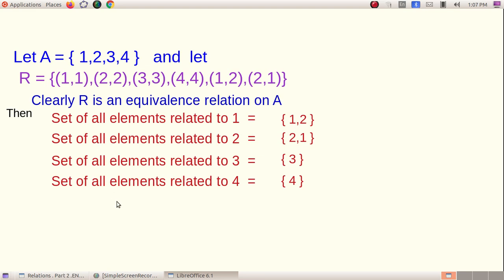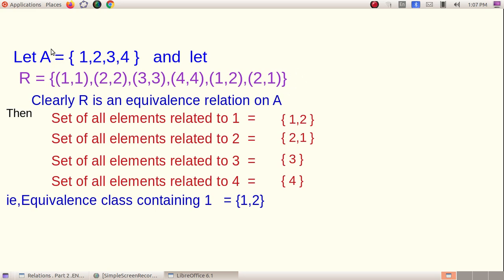Here, the set of all elements related to 1 is called the equivalence class containing 1. The set {1, 2} is the equivalence class containing 1. Why do we say equivalence class? Because it is the product of a set and an equivalence relation.